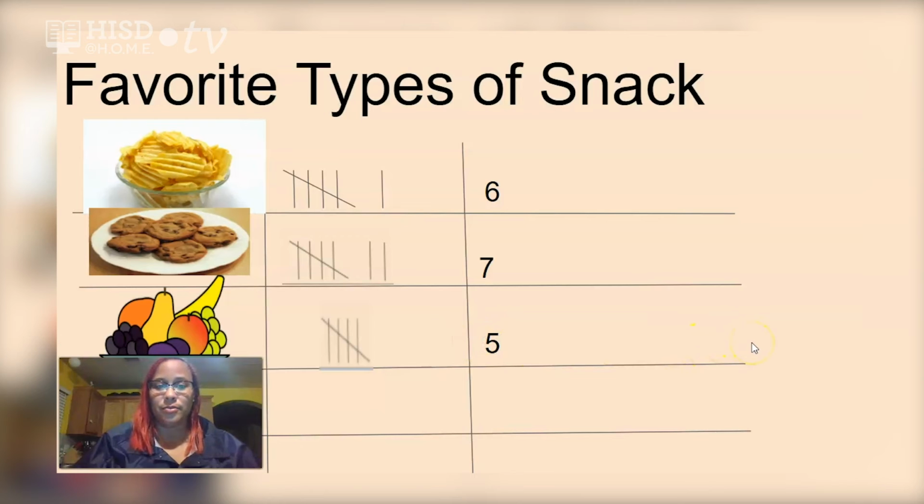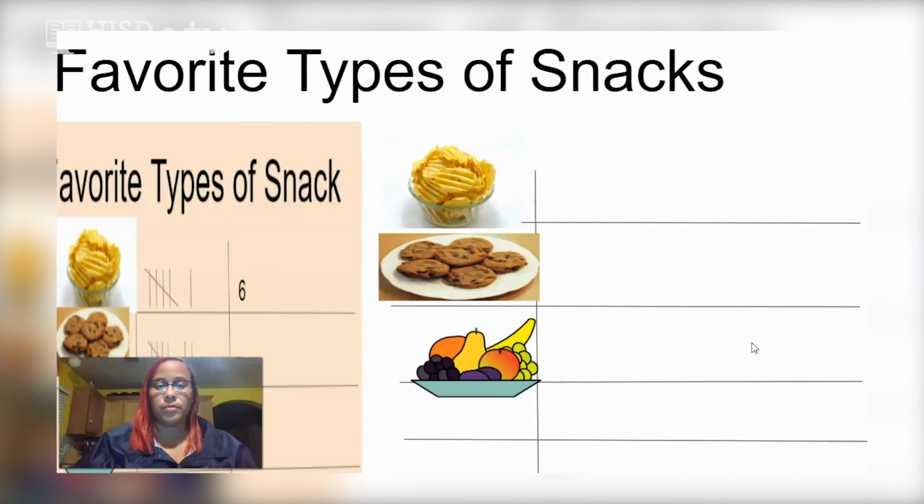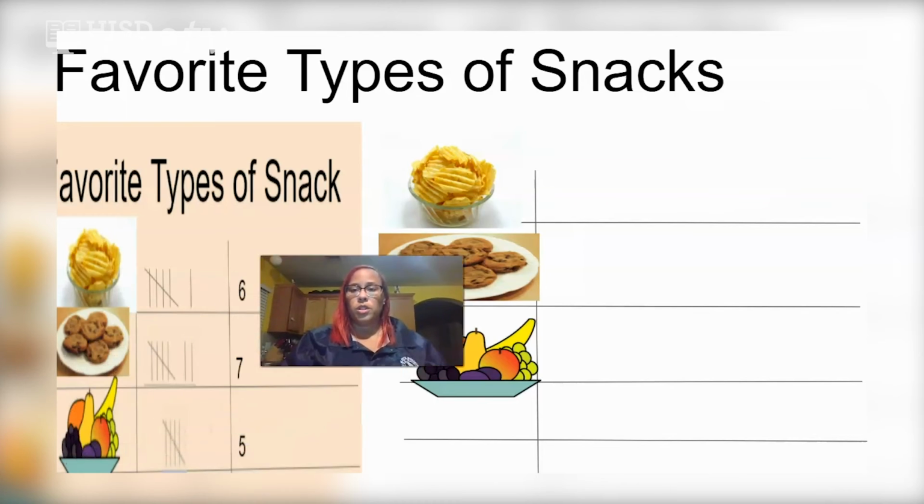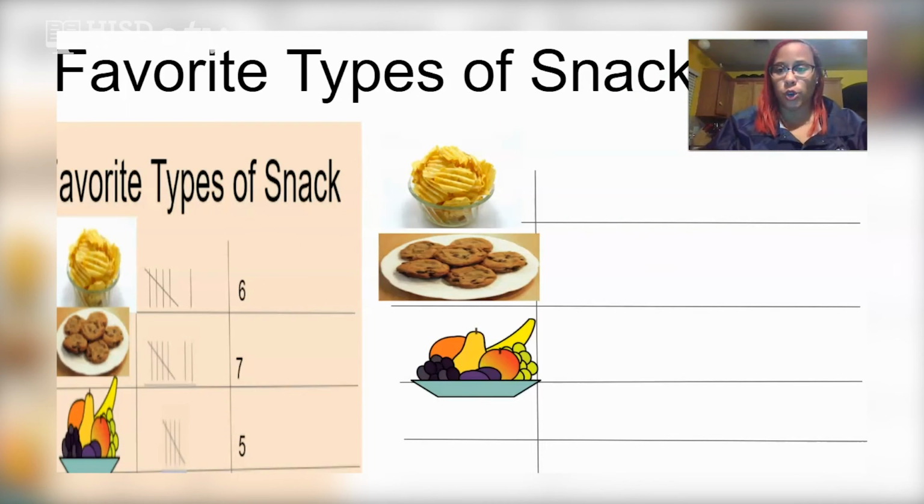Let's see. I'm going to use the information from my tally chart to create a pictograph. So the first thing I know I want to do is create a title. My title is going to be Favorite Types of Snacks. Then I want to list my choices.